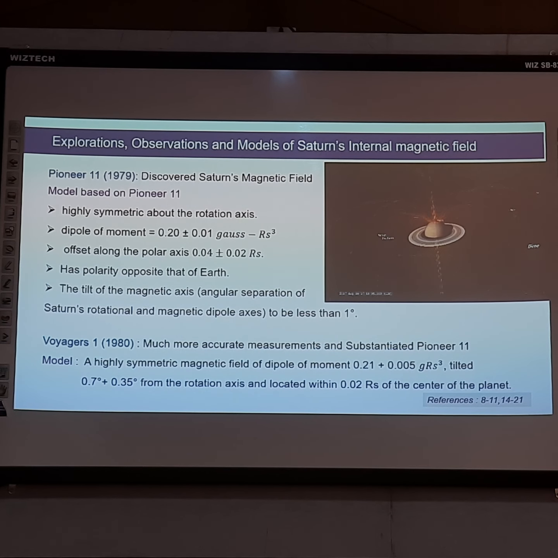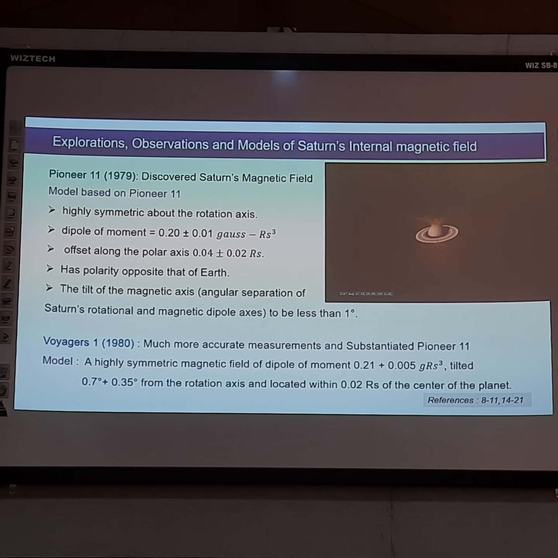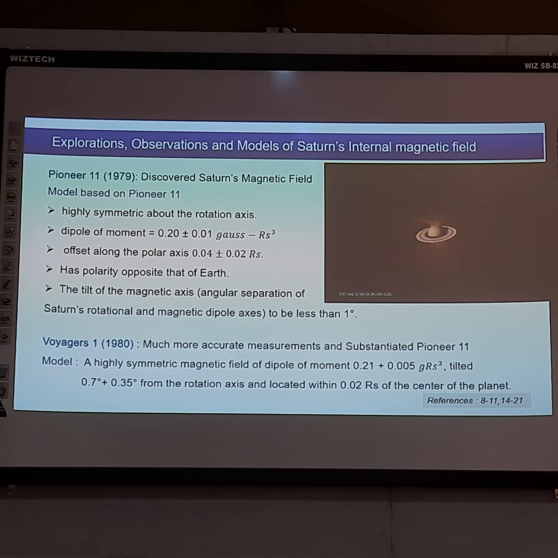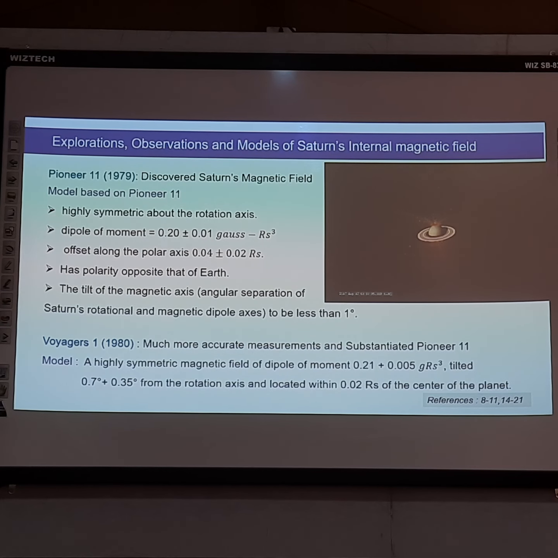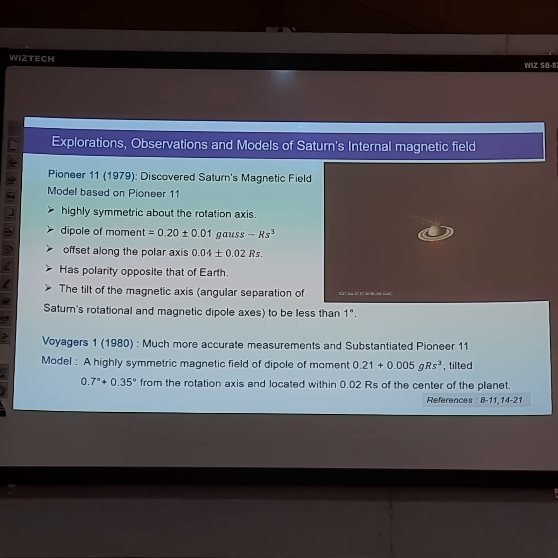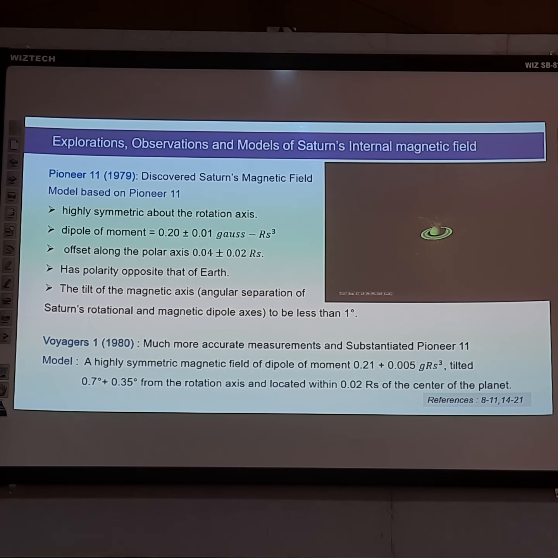By offset we mean we consider the magnetic field to be created by a dipole, and the center of that dipole does not coincide with the center of the planet. That is the meaning of offset. It is a little bit above the center of the planet. Then it has a polarity opposite to that of Earth. That means the north becomes the north pole of the magnetic field.